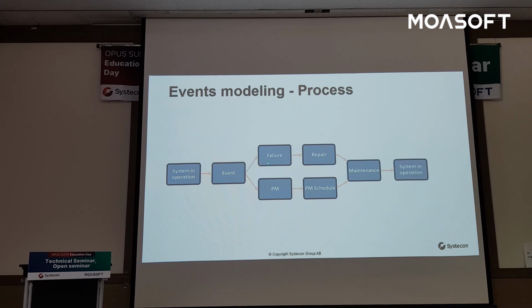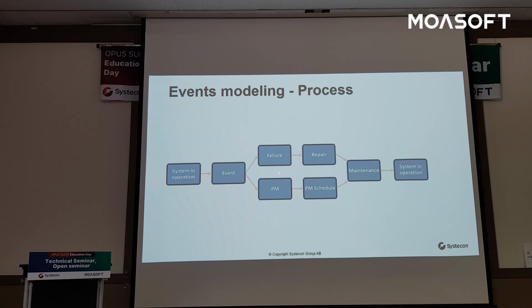But if it's a failure, we need to repair it, because when the event happens, the system becomes inoperable. We have to stop it. We can't fly again. We have to go back and land and fix this failure that happened. To be able to repair it, we need to perform some kind of maintenance. And that goes for PM as well.